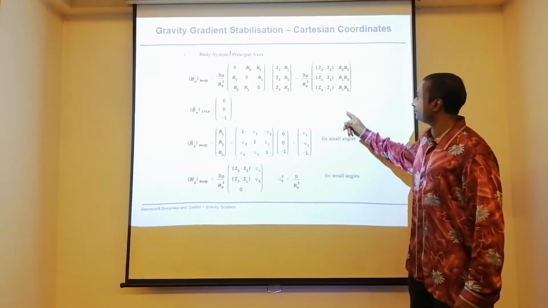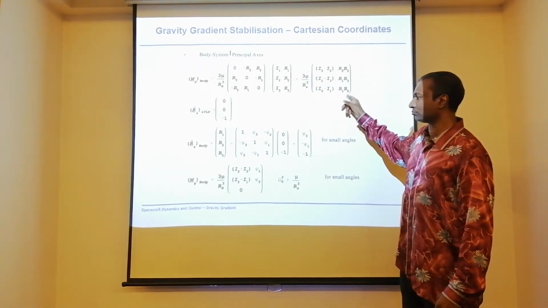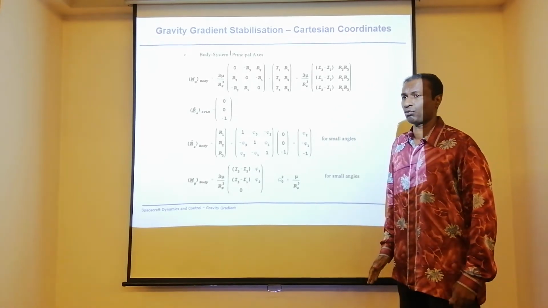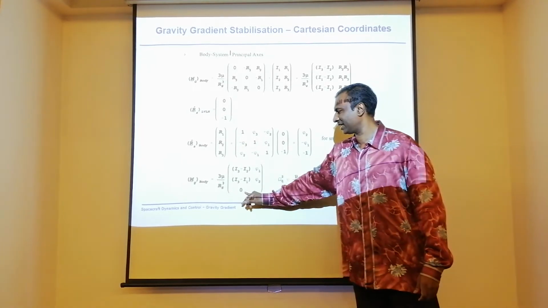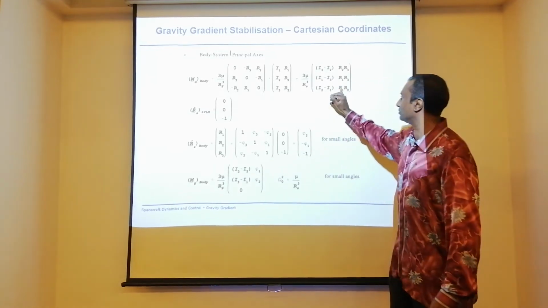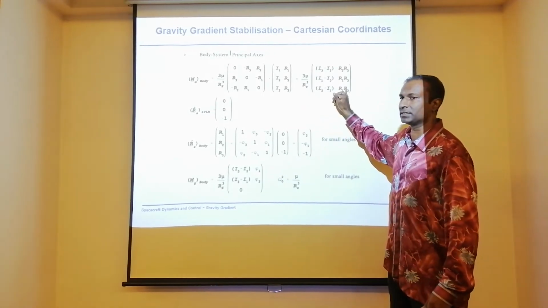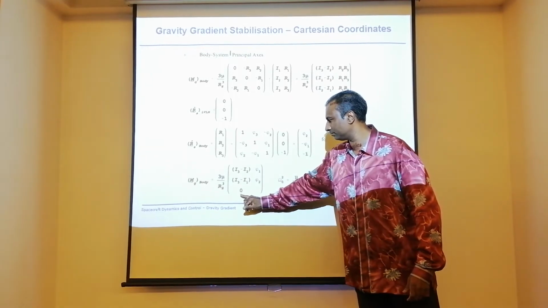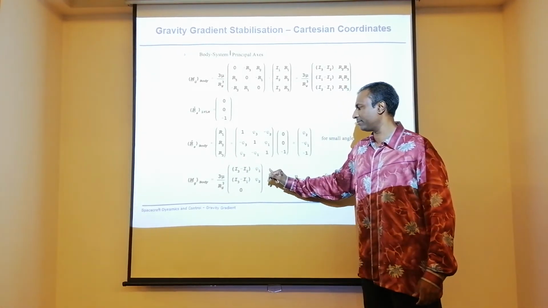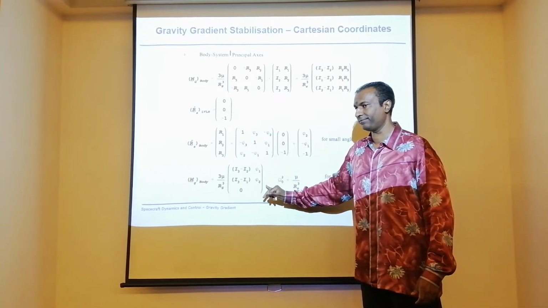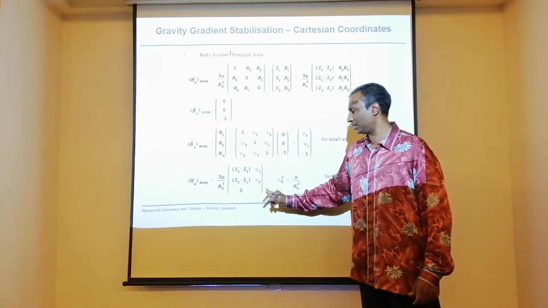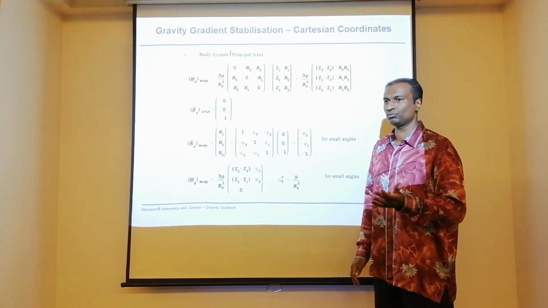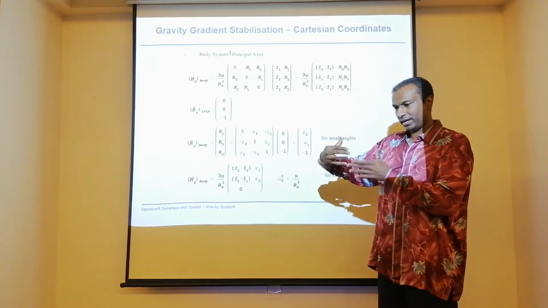Now, if you look at it, R1 and R2 have become very small, so you can neglect those terms because they are very, very small. So we can keep a very simplified form: you have my roll, you have my pitch, and yaw is almost none. Why?